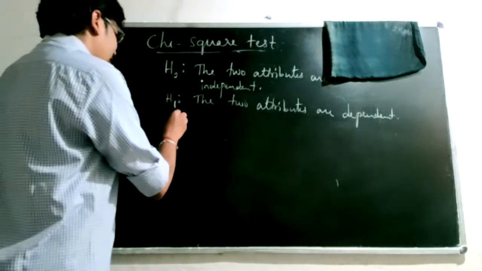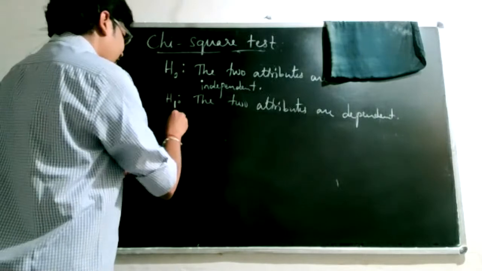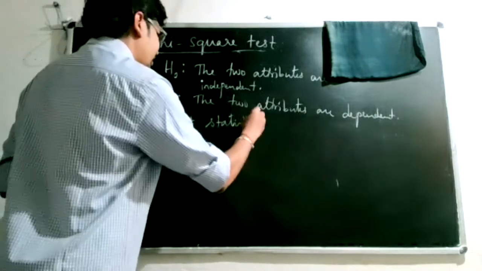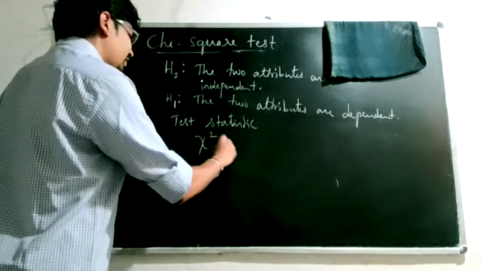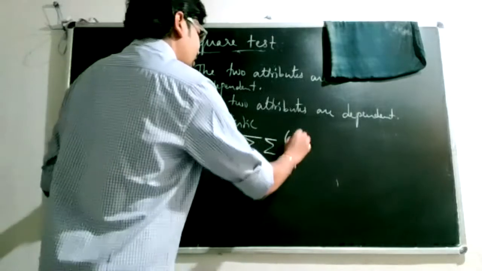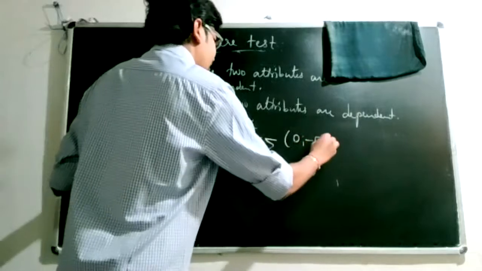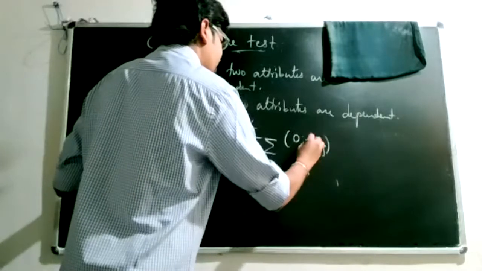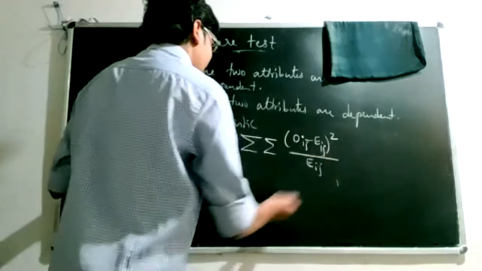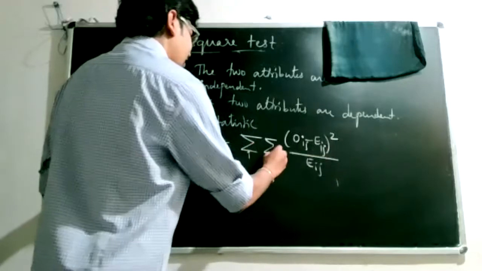The test statistic here is given by, the procedure is a little bit lengthy here, you will have many calculations. It is the double summation of (O_ij minus E_ij) whole square divided by E_ij, over i as well as j.